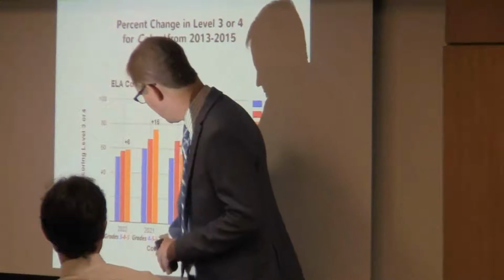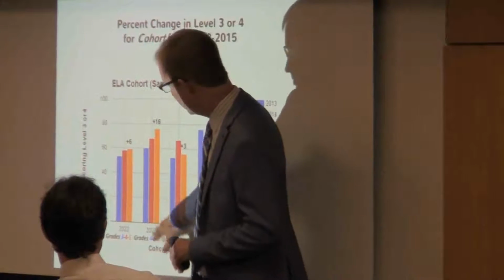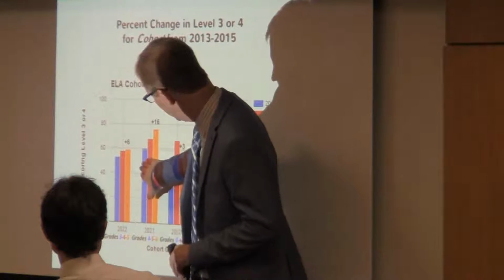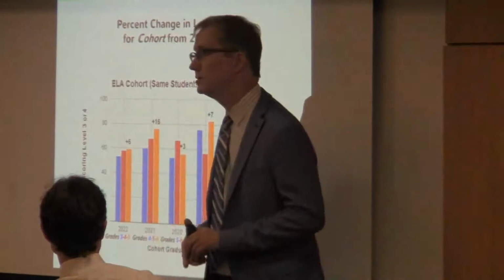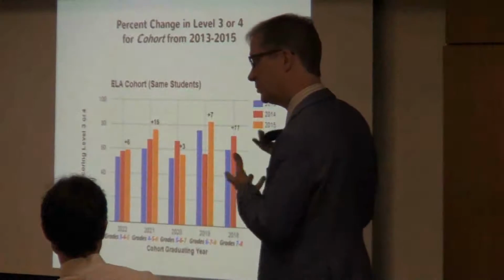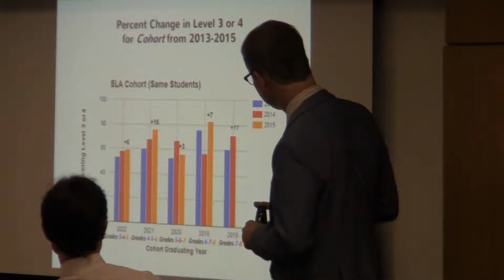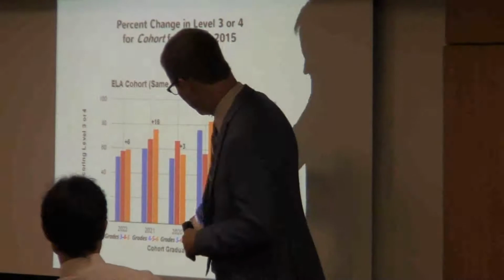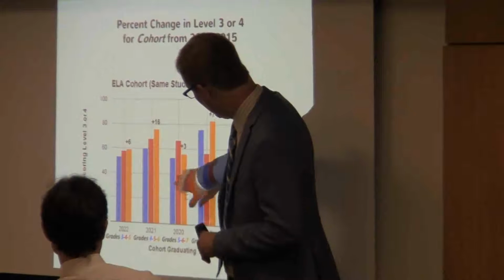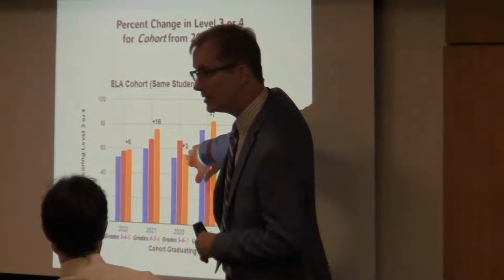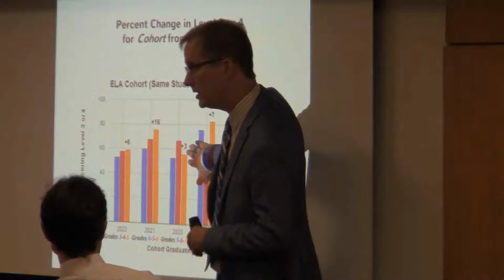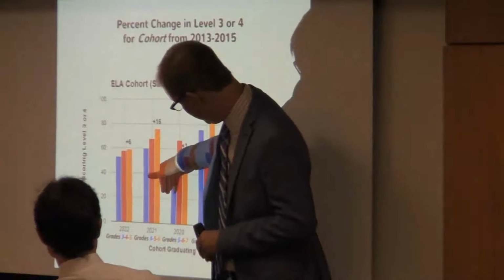When you look at another cohort, the next grade up, our current 7th grade students from 4th, 5th, and 6th. From 4th grade to 6th grade, you see a 16% increase in their proficiency level. The next grade from 5th to 7th, while we had that jump in 6th and it going down in 7th, it is still a +3 in proficiency level from 5th to 7th.